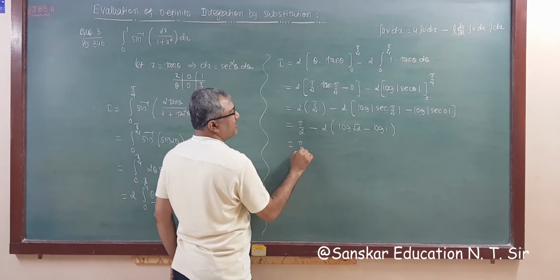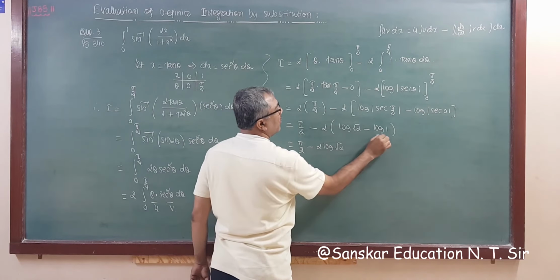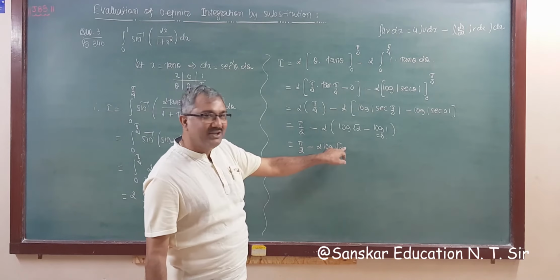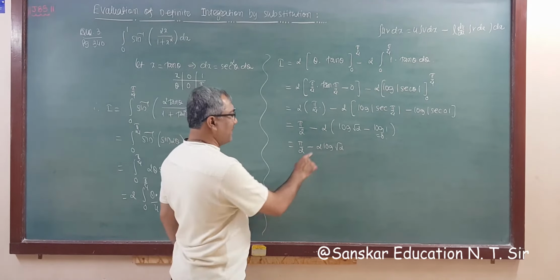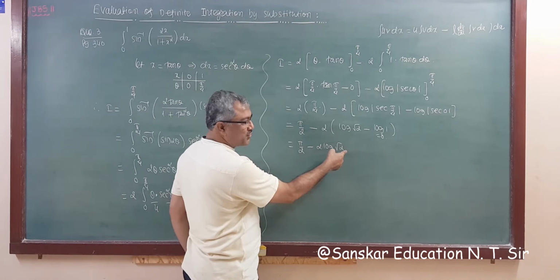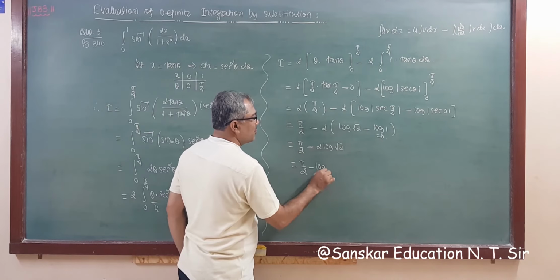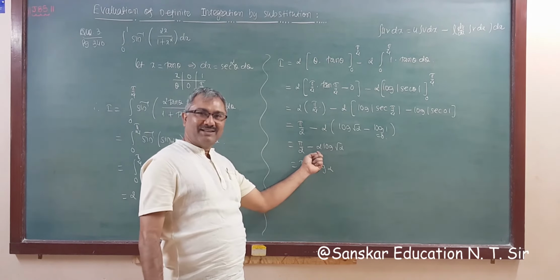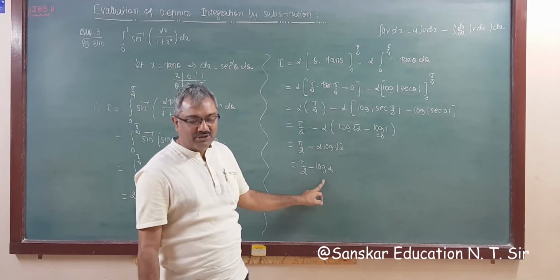Therefore we get pi by 2 minus 2 log root 2, as log 1 is 0. Either taking this 2 inside, or taking the half power outside, both are the same. If we take this 2 inside, root 2 square becomes 2. So the answer will be pi by 2 minus log 2. Or if you take the half power to the front, then 2 into 1 upon 2 is 1, log 2. So this is your answer.